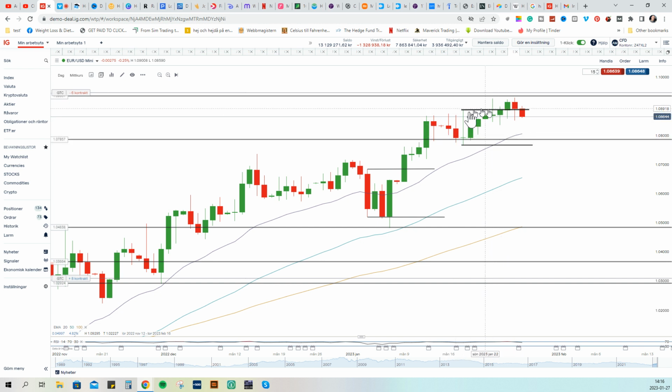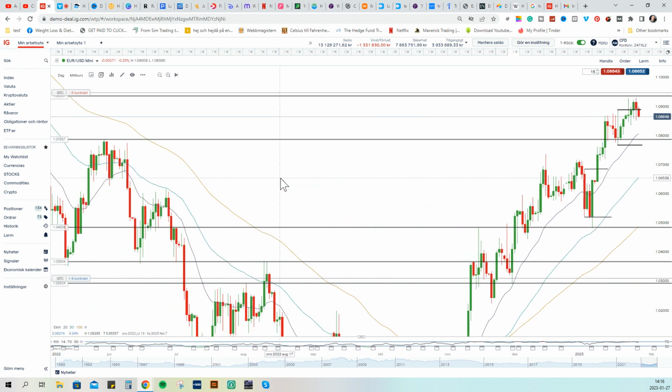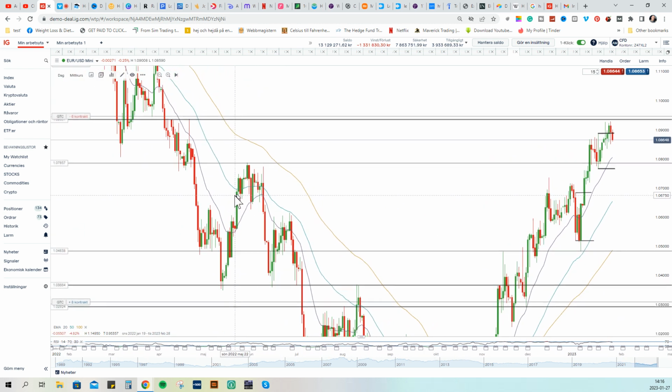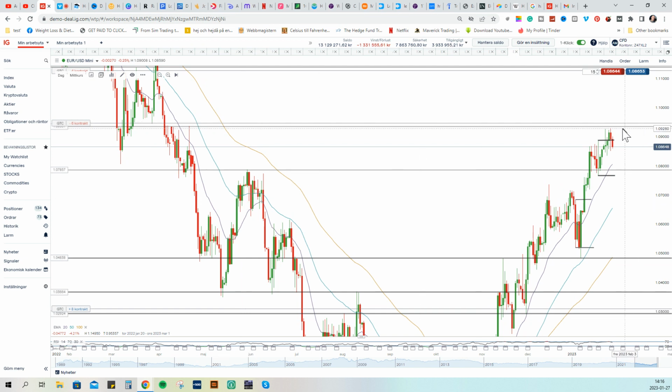Secondly, this important inside bar pattern, price action strategy, is also in line with this supply level at 1.0935. I can show you here in the past that this level meets this value zone, which means we can see a rejection here.